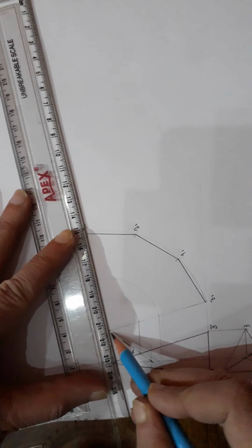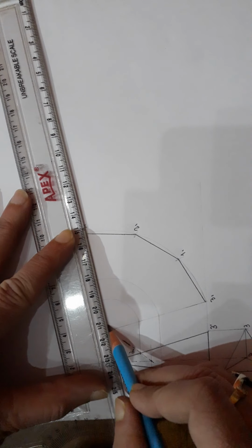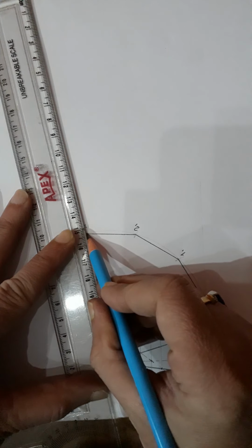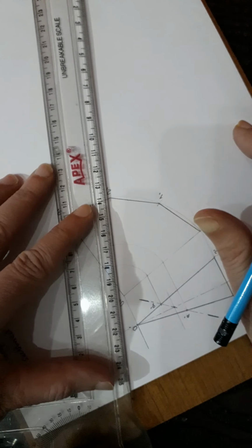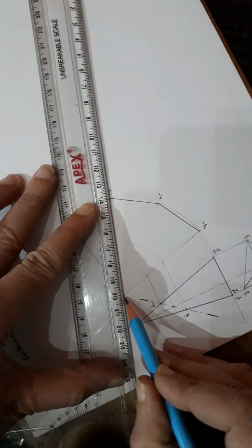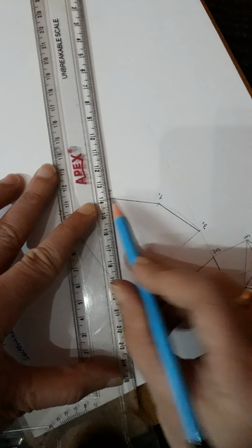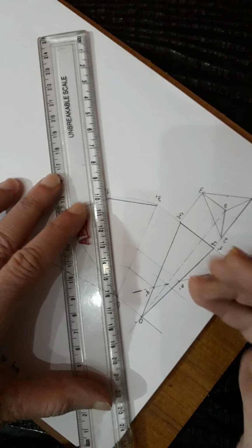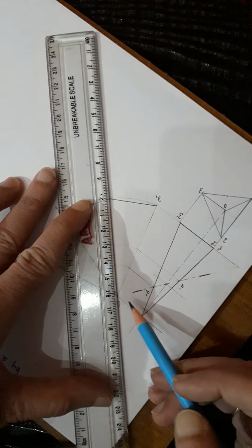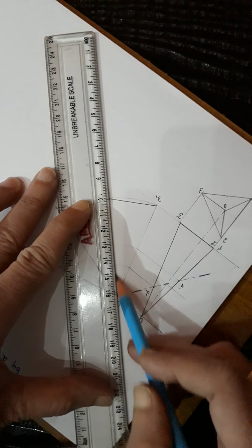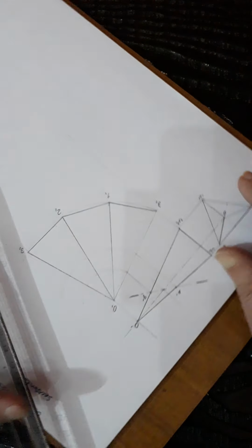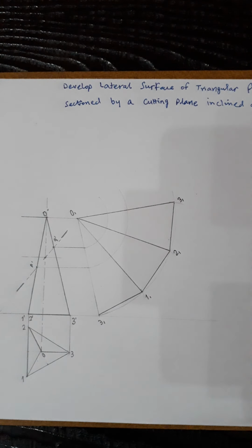Now join O1 with 2, 3 first, then 2 and then 1. 3 is already there. Always join with thin lines first. So this is the development of a simple pyramid. It will be three triangles.